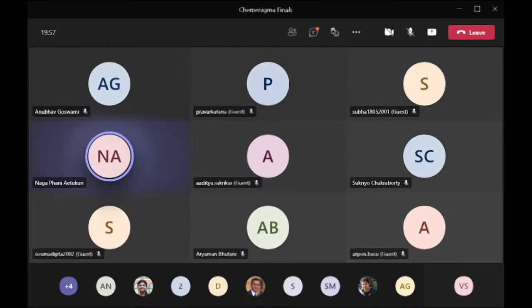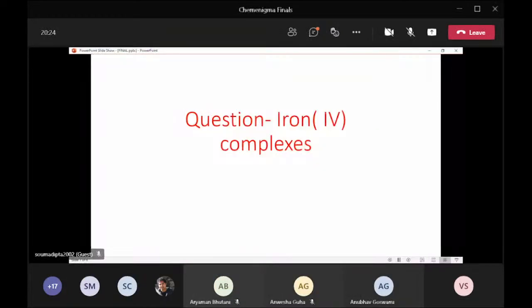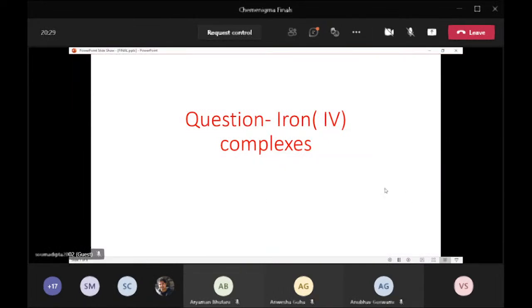Just to confirm, this is Team A, correct? No, it is the other way around. This is Team F. Okay. So this round we are going from F to A. Okay, all right. Yes, your screen is visible now.